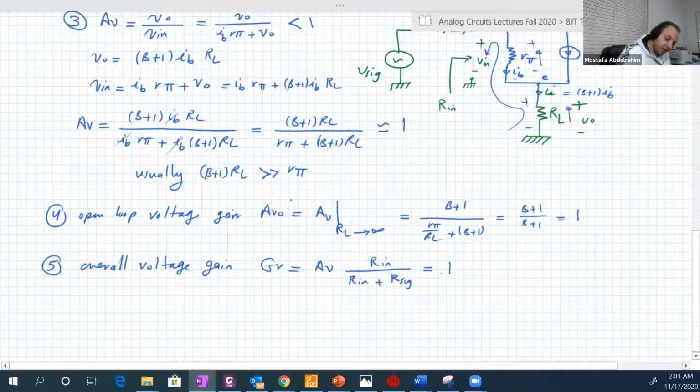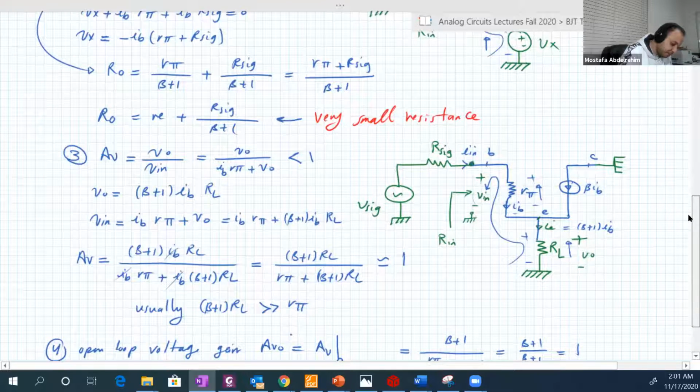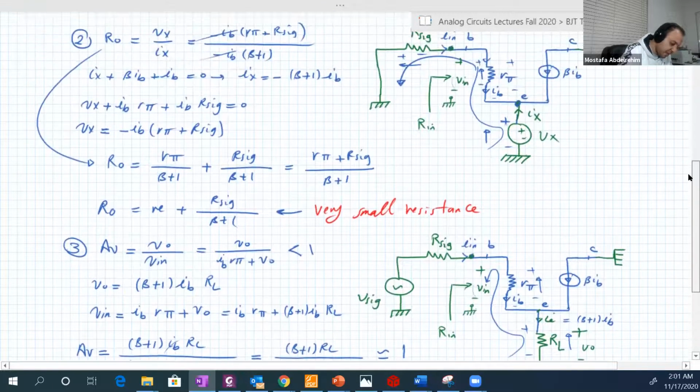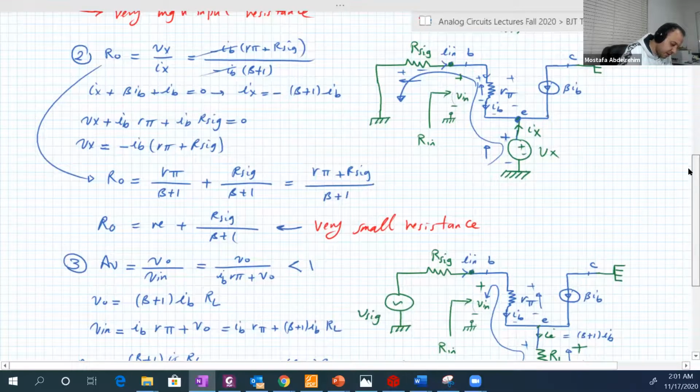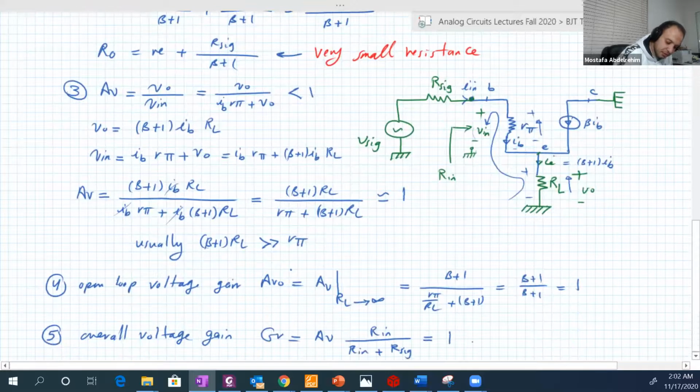And our input resistance is, let's write it down, R pi plus (beta plus 1) RL. Over R pi plus (beta plus 1) RL plus R signal.